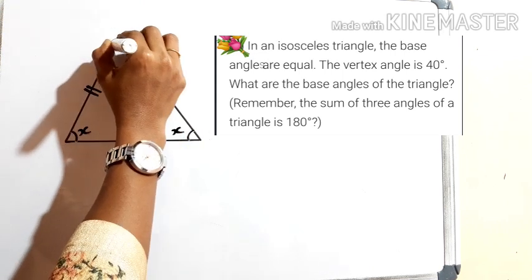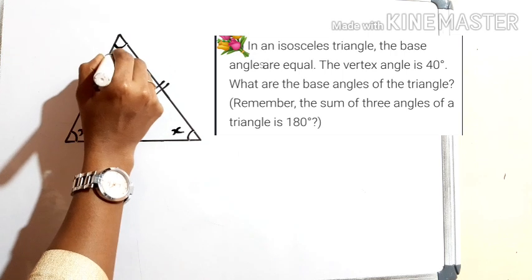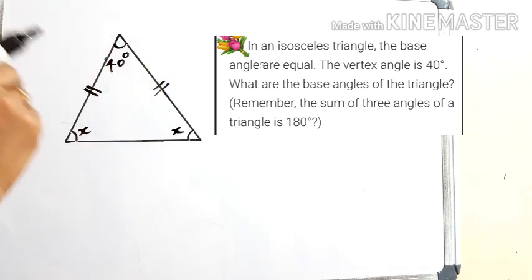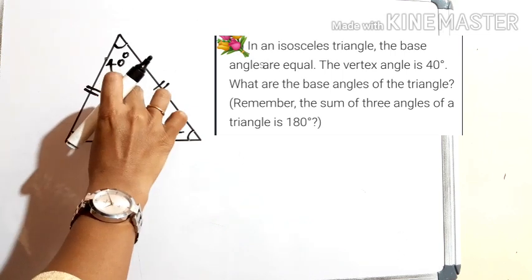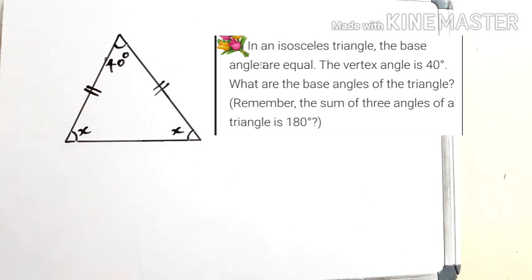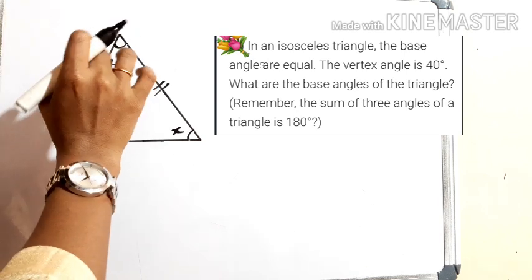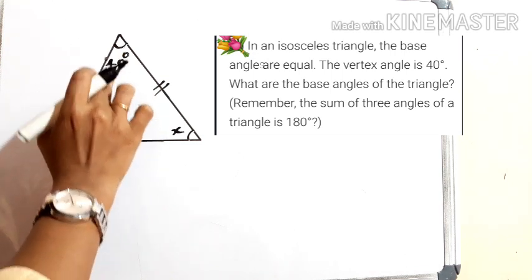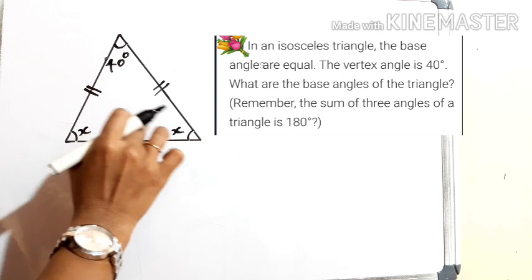It is called the vertex angle. Measurement already given, 40 degree. We have to find from this figure the value of x. What about the angle sum property of a triangle? In a triangle we can see 3 interior angles 40, x, x.